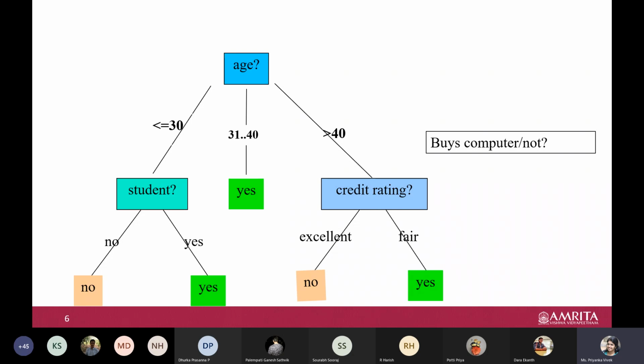Out of which one to choose? The choice would be based on how large the tree is. We would usually prefer the smallest tree. So that is what we have to keep in mind.